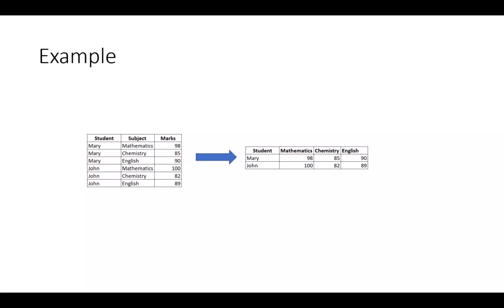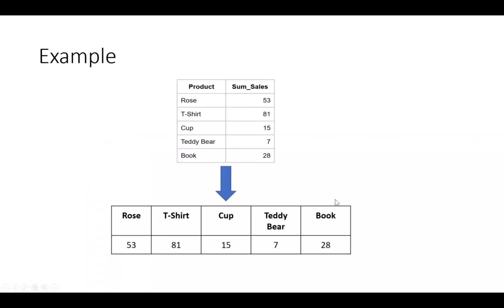Yes? All right, cool. Let's look at this other, easier example. I have this other table, product, which lists products: rose, t-shirt, teddy bear, etc. And then the sum of sales of those products. So maybe it's units. I sold 53 items of rose, 81 t-shirts, 7 teddy bears, and so on in my general store.